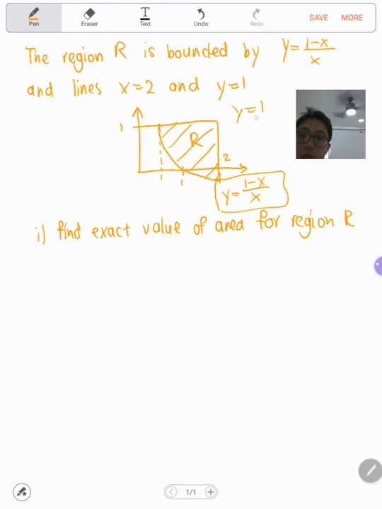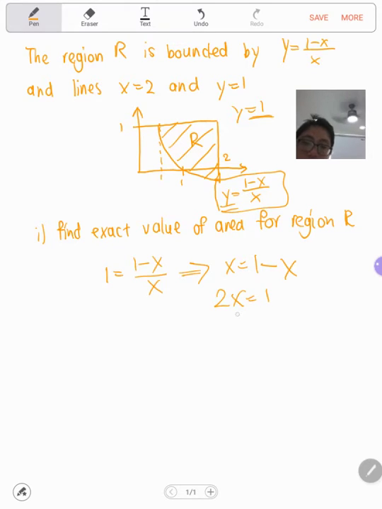I just need to substitute y equals 1 into this graph, because that is their intersection point. So 1 equals (1 minus x) over x, and x equals 1 minus x, so 2x equals 1 and x equals half. So I've discovered that this x coordinate is half.